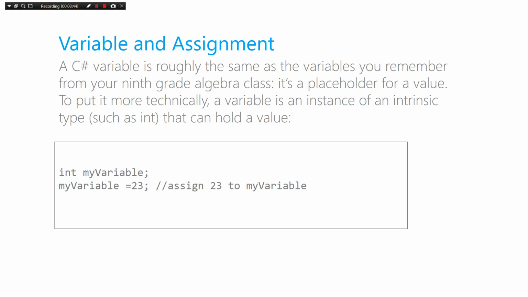You are telling the compiler to set the content of the variable on the left of the operator to the value on the right of the operator. In this case, you are saying my variable is an integer and is assigned the value of 23.